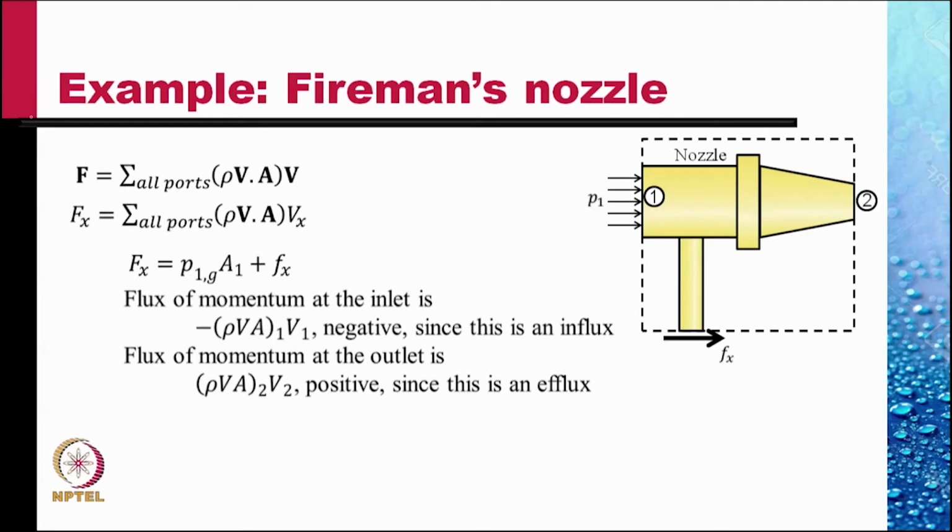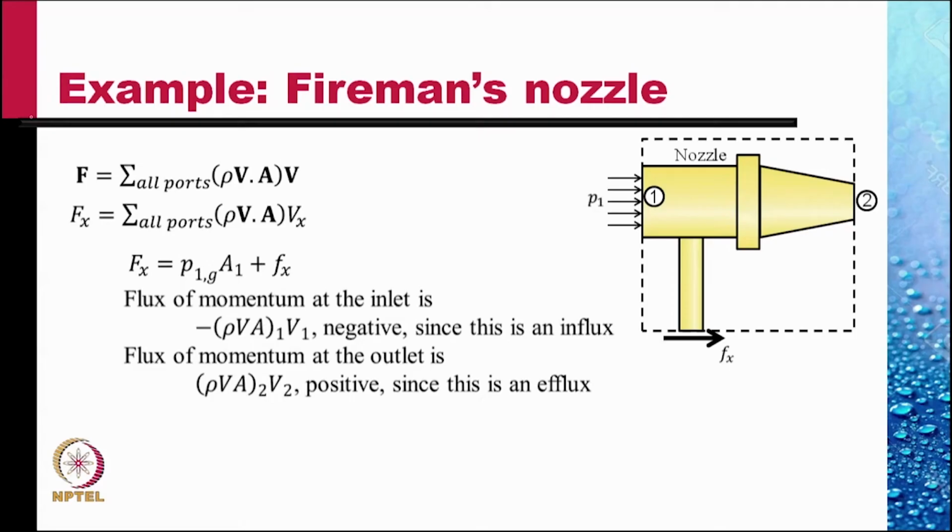The flux of momentum at the inlet is minus rho V A at 1 times velocity at 1. This is negative because mass flux is negative and velocity is positive. So the product is negative.